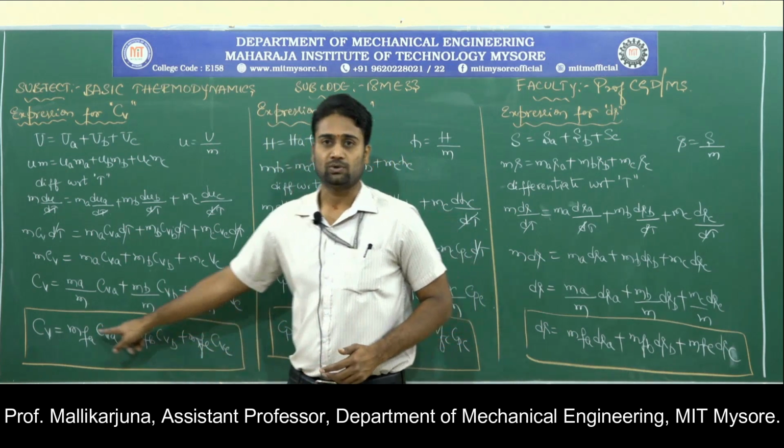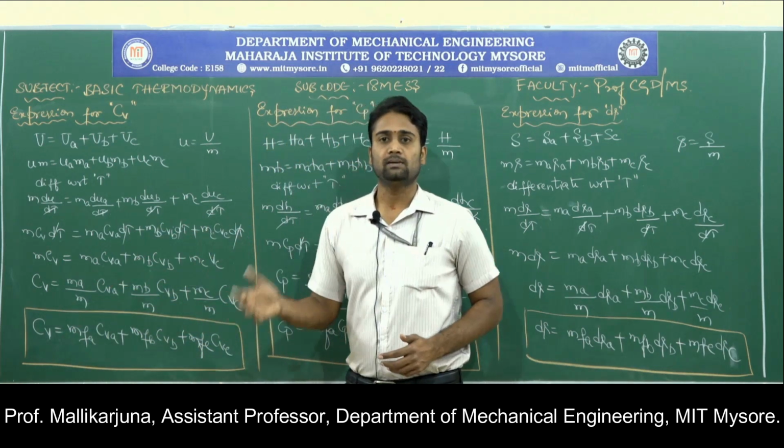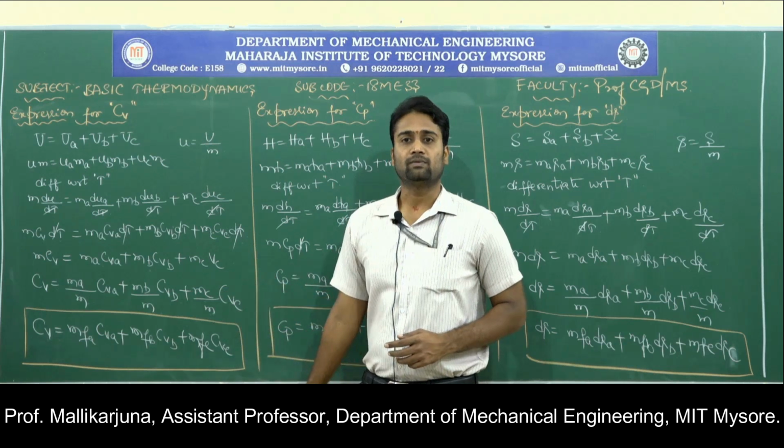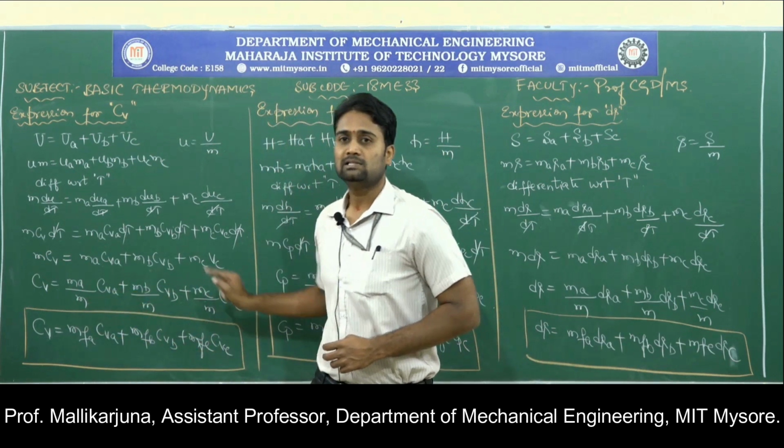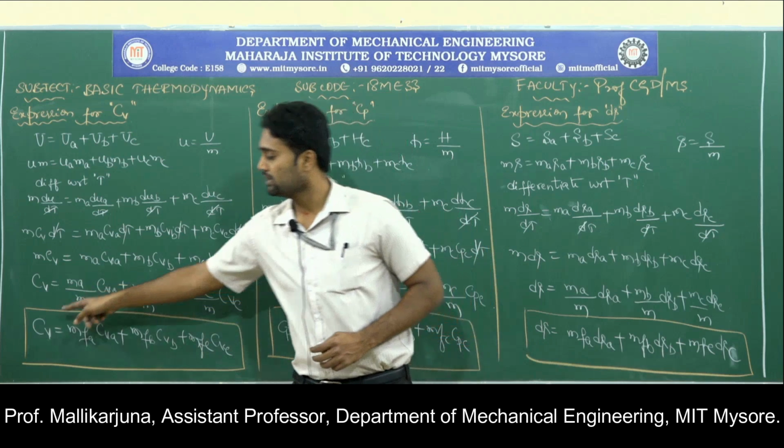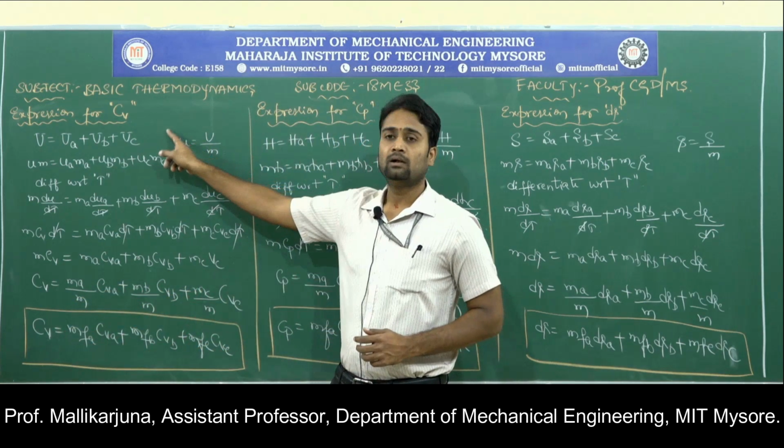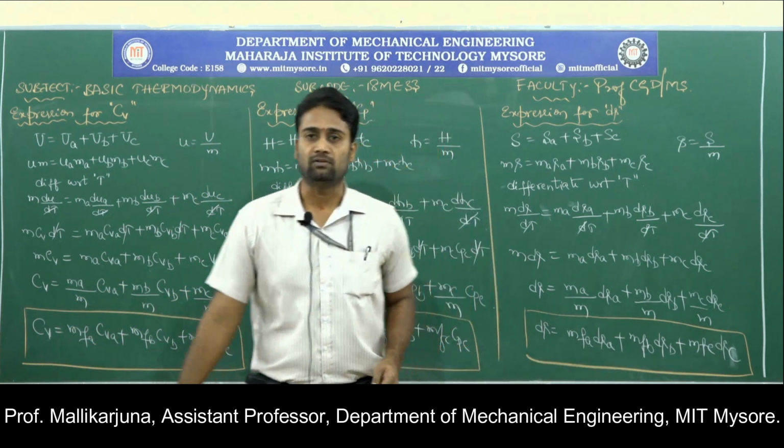That is what is the equation to you. Cv is Mfa CvA plus Mfb CvB and Mfc CvC. So, that is what is the Cv equation. Make sure in order to arrive into the Cv equation, you need to begin your expression from internal energy equation.